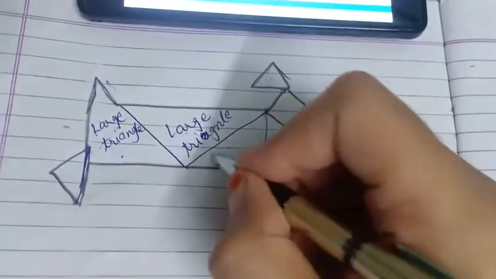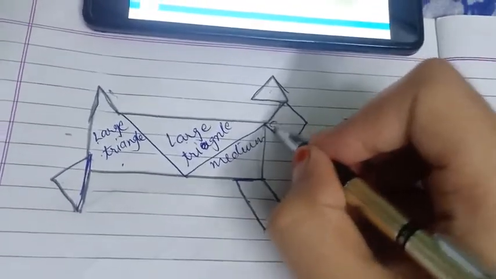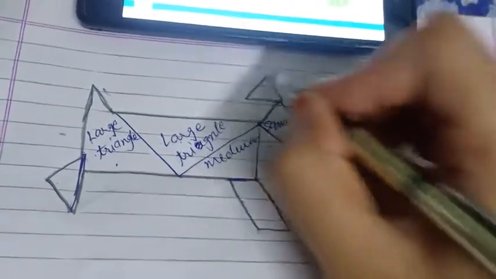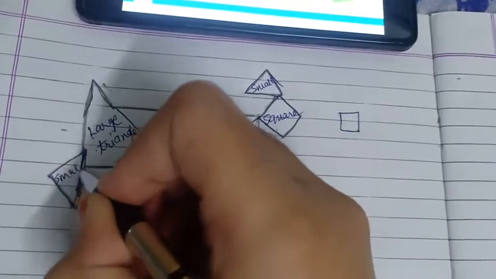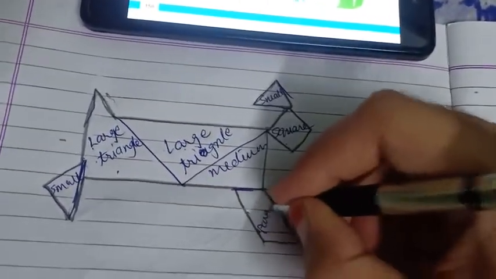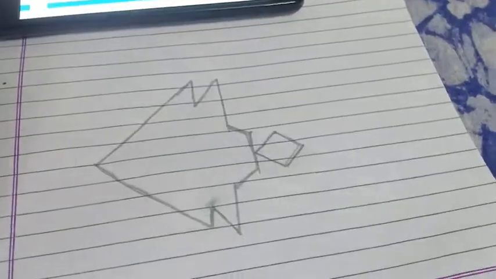Then this is the medium triangle, this is the square, small triangle, this is also a small triangle, and this is the parallelogram. I am just writing in short form, right? Next, B is your homework, you have to do it by yourself. Now I am going to solve C.